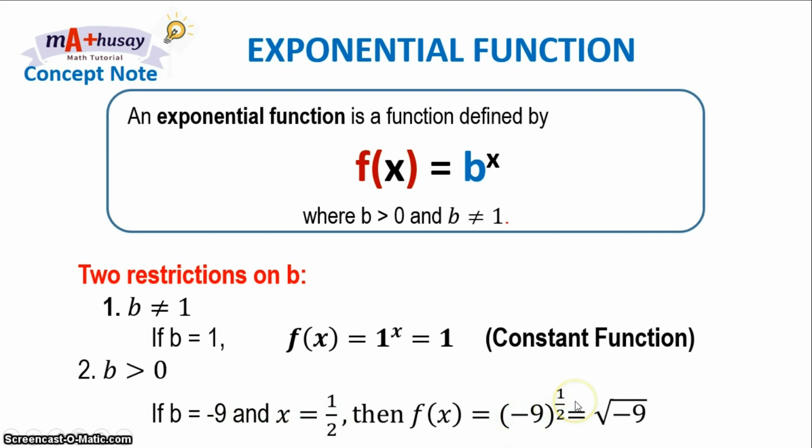Take note, yung ating exponent ay rational. So, that will be equivalent to square root of a negative number. So, in this case, there's no real solution. Kaya, hindi pwede na yung b natin maging less than 0. So, dapat talaga greater than 0. Klaro?